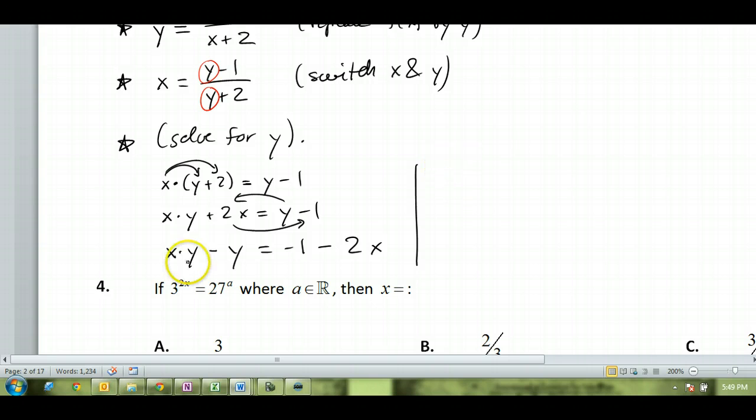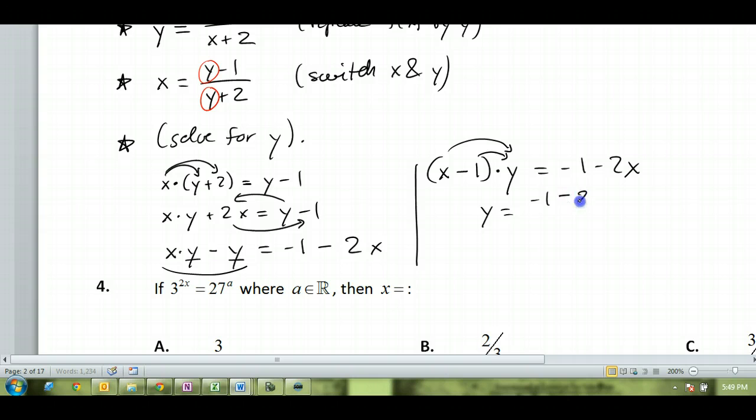How can I solve for y? Well, you need to factor. This is x minus 1 times y. If you distribute here, you get back to what you had on this side. Equals negative 1 minus 2x, and that's it, we're done. So y is negative 1 minus 2x over x minus 1.